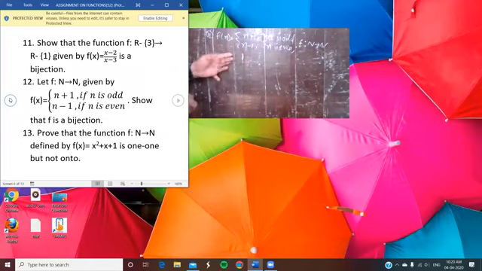So here 4 cases arise, and one by one we will check whether they are one-one for those conditions or not. We also have to prove it is one-one and onto both. If so, you can say it is bijective. So let us write this.